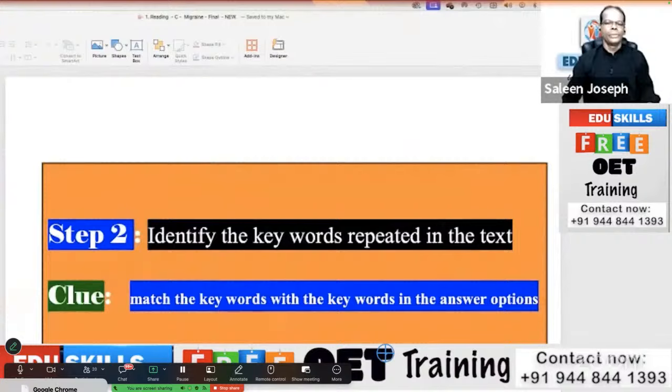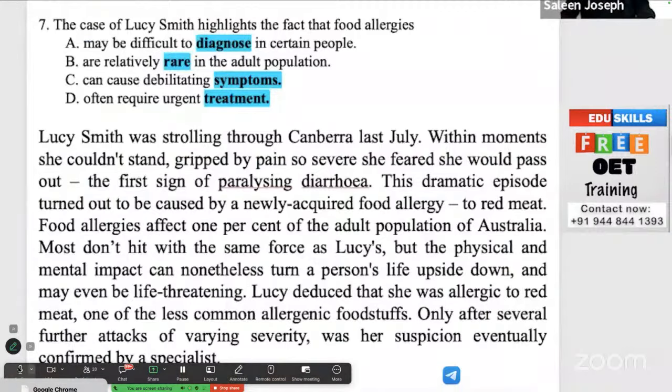Yes. Second step, identify the keywords repeated in the text and match them with the keywords in the answer options. So let's check. Lucy Smith was strolling through Canberra last July. Within moments, she could not stand, gripped by pain so severe she feared she would pass out. The first sign of paralyzing diarrhea, this traumatic episode turned out to be caused by a newly acquired food allergy to red meat. Food allergies affect 1% of the adult population of Australia.